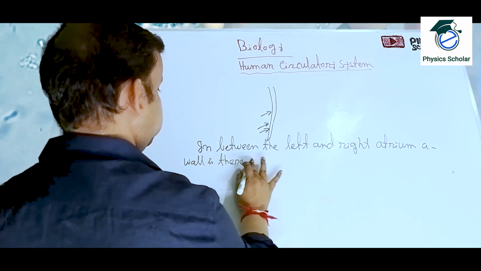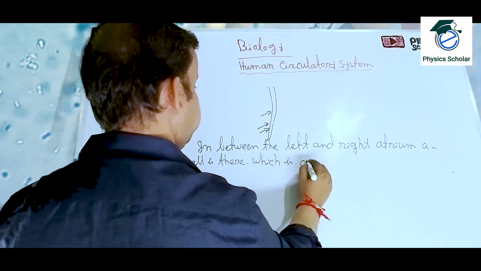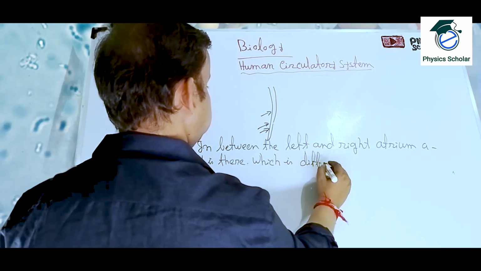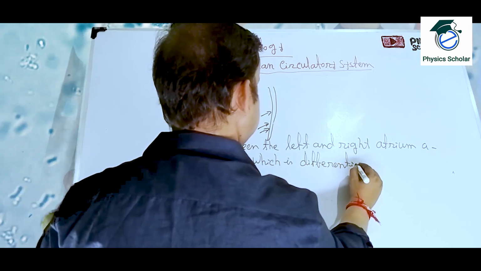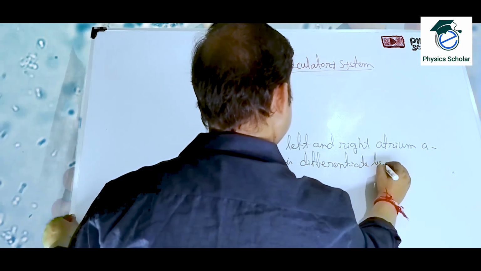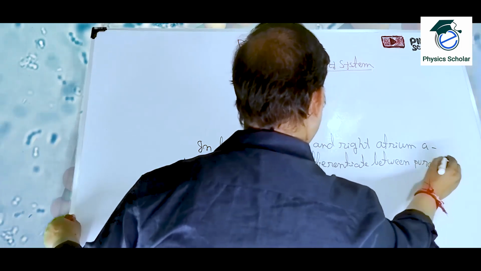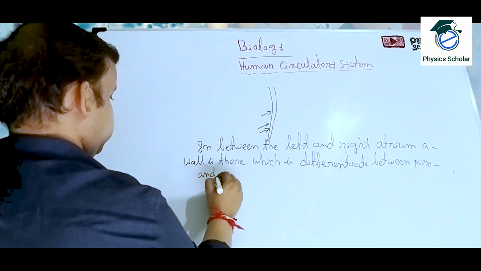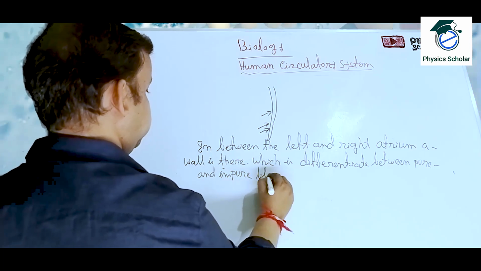which differentiates between pure and impure blood.